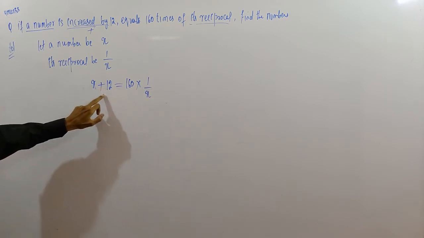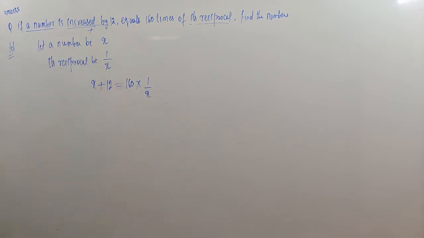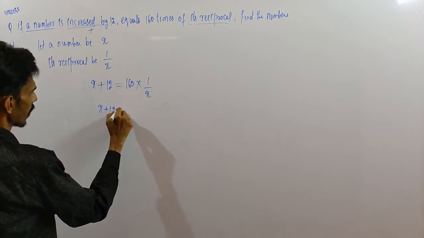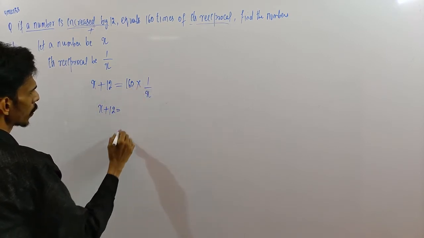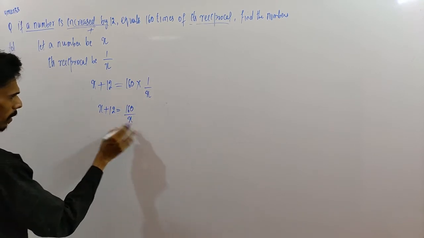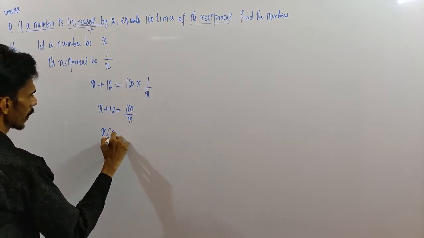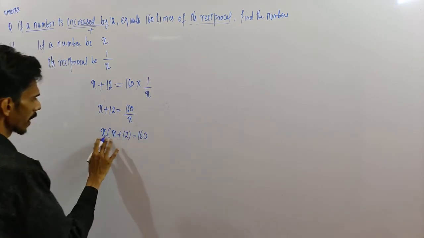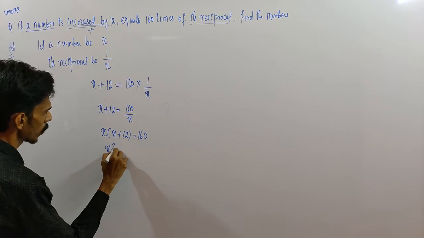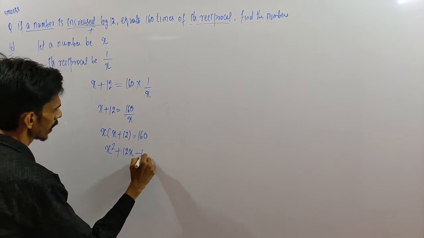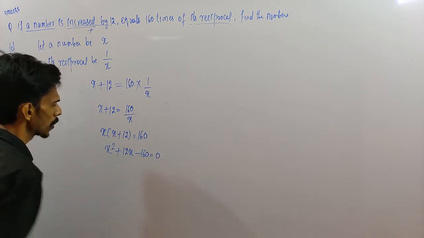This is the statement given in the question. Now solve this. Cross multiply here, it will become x(x + 12) = 160. x into x we have x², x into 12 we have 12x. Take this across, it will become x² + 12x − 160 = 0.